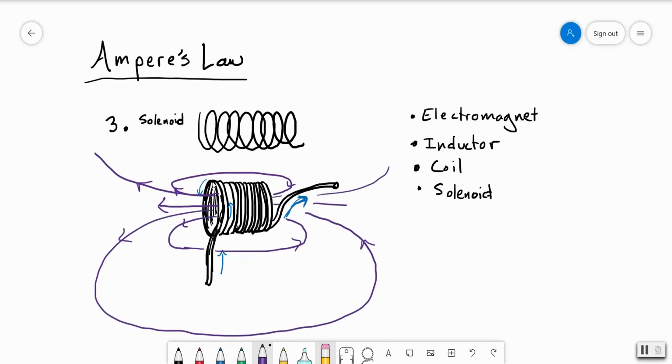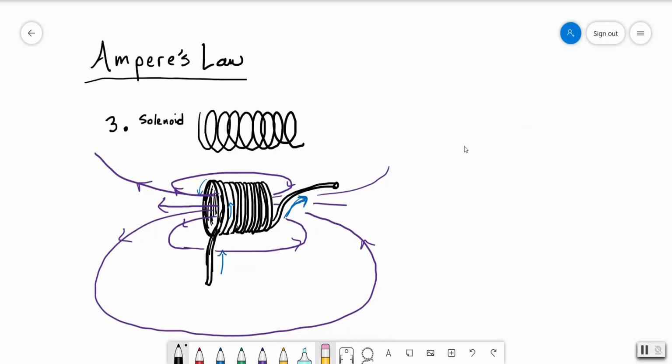Now, when it comes to solenoids, one thing that we're interested in is the inside of the solenoid. The outside turns out to be a little bit difficult to determine. But if you take a really long solenoid, this one's really short, let's take a peek inside that thing. So we're going to take a coil. Here we have all of our little hoops, right?